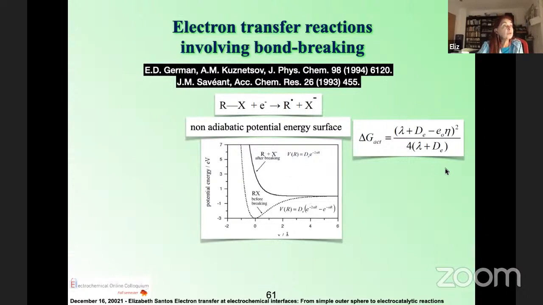In this case, what we obtain is that the activation energy is an expression similar to Marcus' case, but now the dissociation energy of the molecule appears as an extra term. That means the activation energy is not only the reorganization energy, but also has to do with the dissociation energy of the molecule.